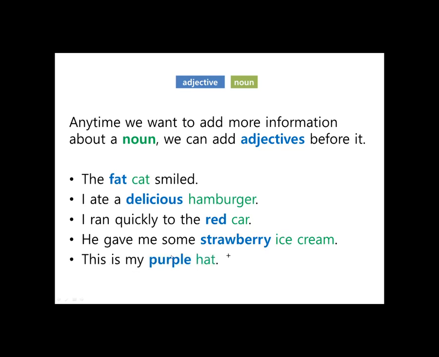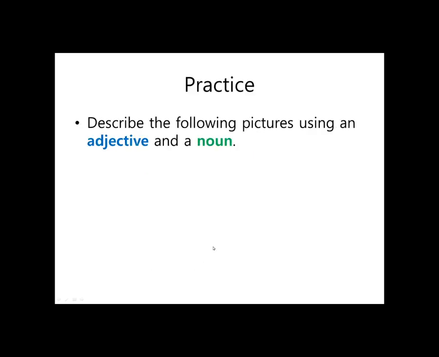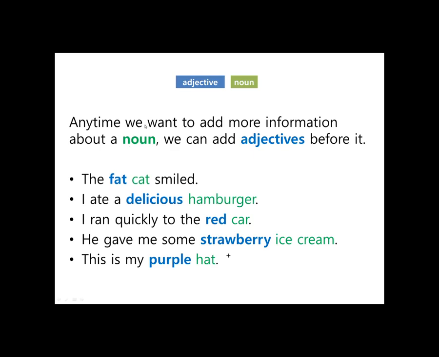This is my purple hat. Okay, so here's the noun, hat, and we have an adjective of color here, purple, purple hat. So anytime we want to add more information about a noun, we can add adjectives before it.